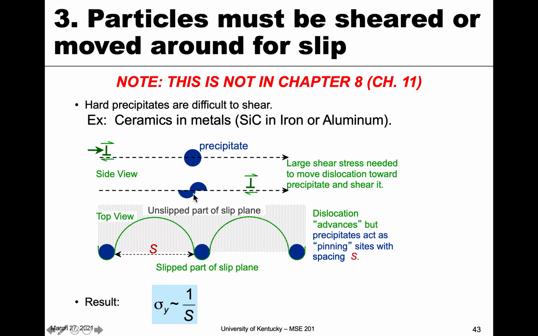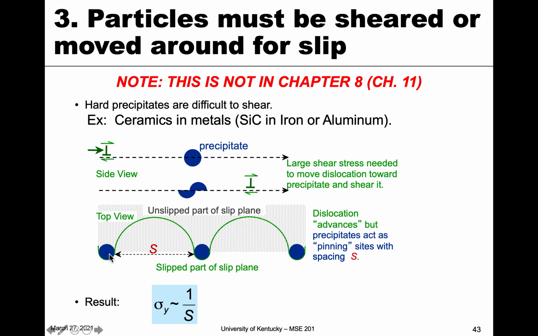The other way is to go around the precipitate. This was the side view showing the edge dislocation. This is a top view showing the line of dislocation. The green line here is the dislocation line. Initially it moves through the matrix material fairly uniformly and with a constant force.